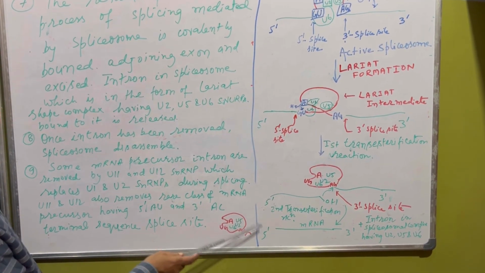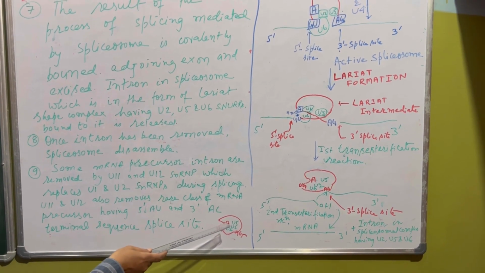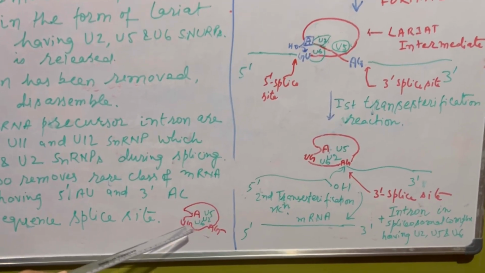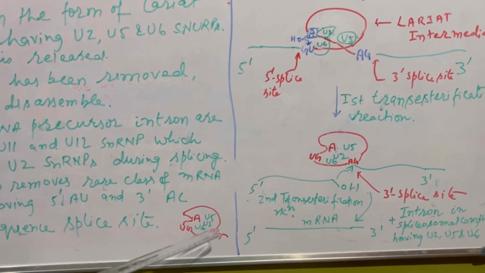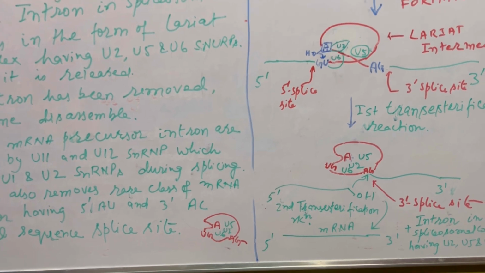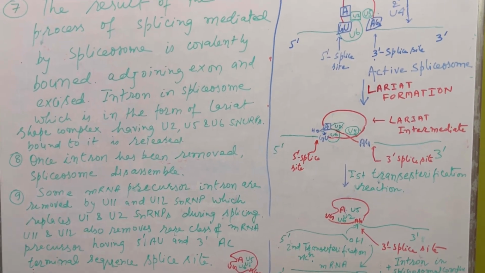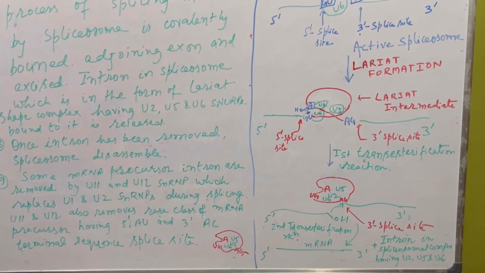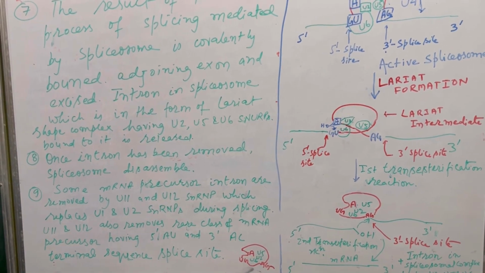You can see here it will be released, and this spliceosome having the intron, with U2, U5 and U6 snRNPs, will be released, and as soon as the intron has been removed, that is, the process is complete, the whole complex disassembles, that is, the spliceosome disassembles and is liberated.